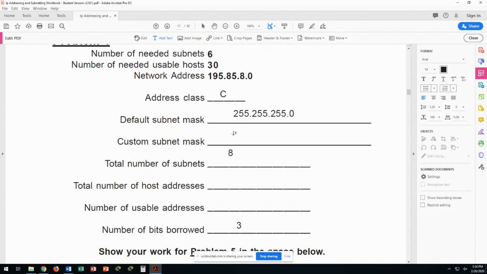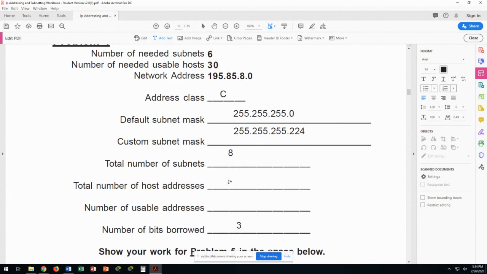So our new custom mask is 255.255.255.224. So if we enter that in, now we've got 8 networks. When we put in our IP address in our machines, we break that up into 8 networks. The machines know, oh, this is 8 different networks.